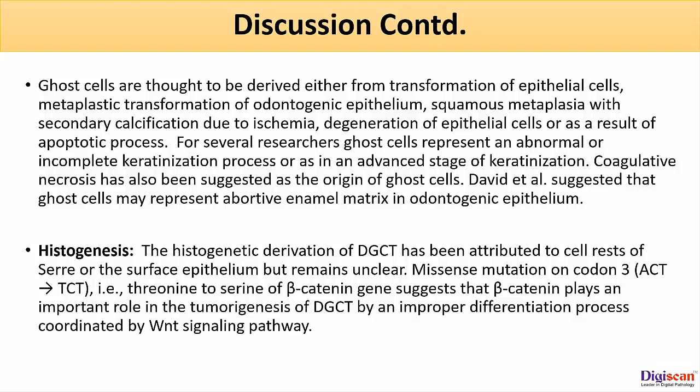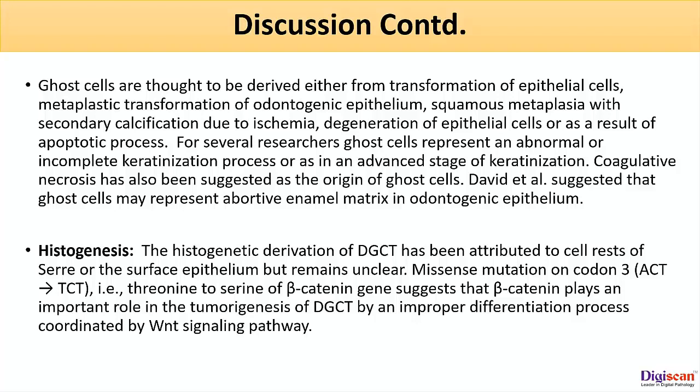For several researchers, ghost cells represent an abnormal or incomplete keratinization process or an advanced stage of keratinization. Coagulative necrosis has also been suggested as the origin of ghost cells. David et al. suggested that ghost cells may represent abortive enamel matrix in odontogenic epithelium.